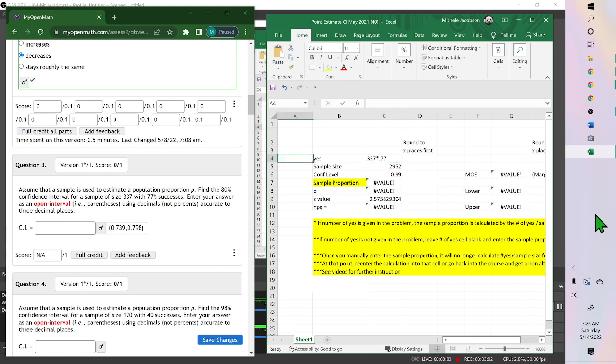And notice I didn't put the equal sign. So you do need the equal sign for them to multiply it. And then the sample size was 337. We wanted a confidence level of 0.8. And there's our values.